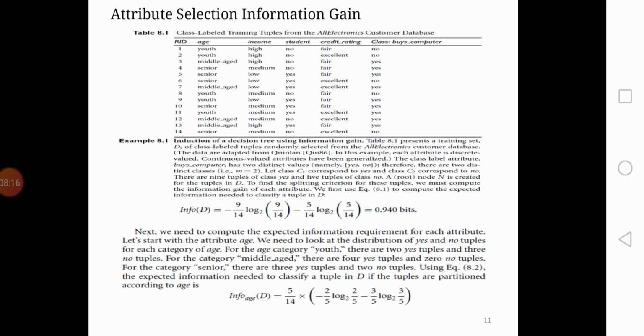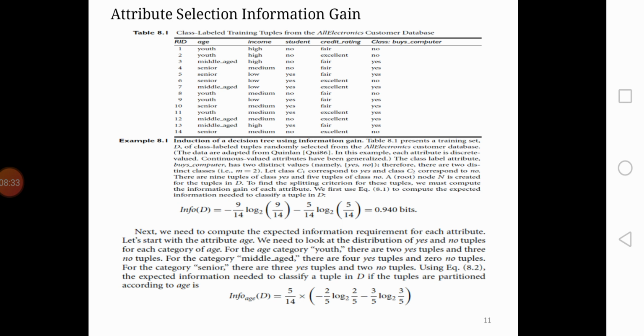That's why here we created a node N for the tuples in D.